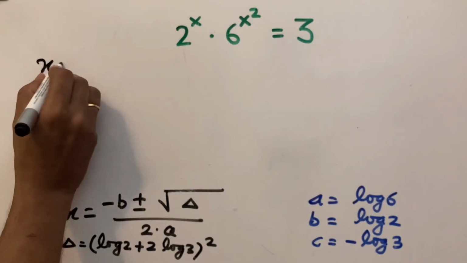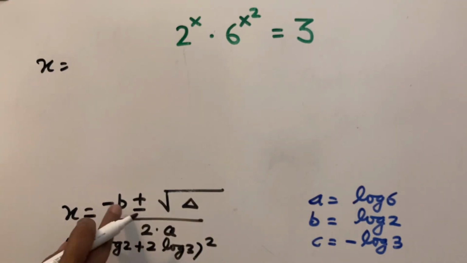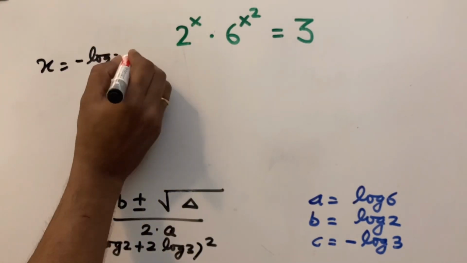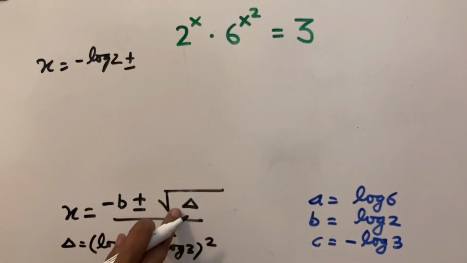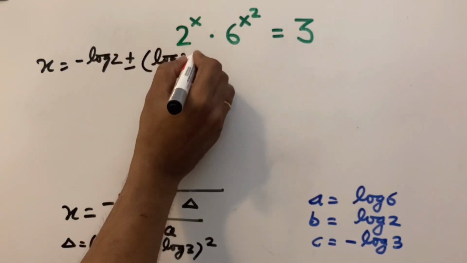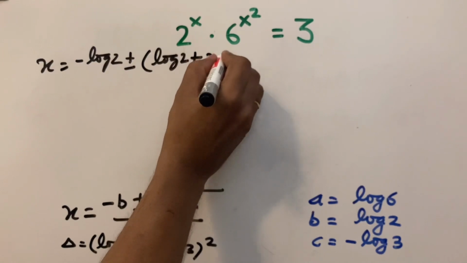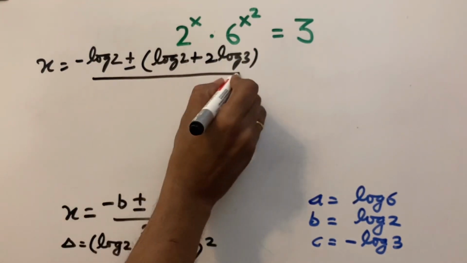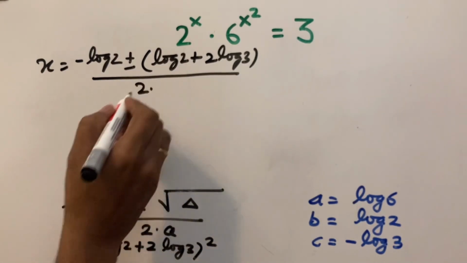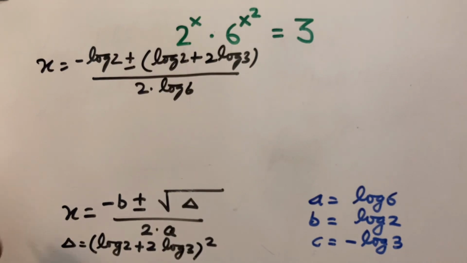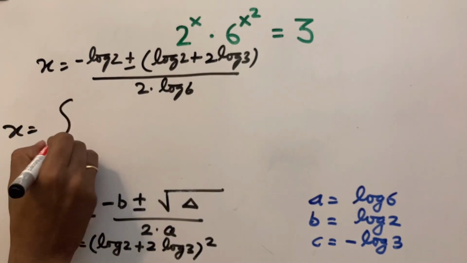So the value of x will be equal to minus b, that is minus log of 2, plus minus square root of delta. Square root of delta will be log 2 plus 2 log of 3, divided by 2 multiplied by a, which is log 6. So we get two values of x.